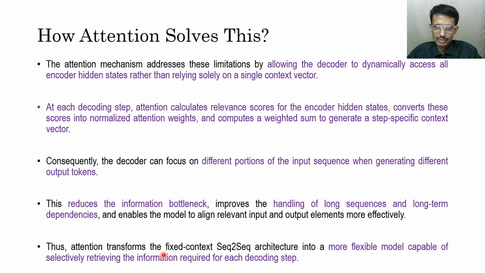Thus, attention transforms the fixed-context sequence architecture into a more flexible model capable of selectively retrieving the information required for each decoding step. So that is the most important thing. It selectively retrieves the information required for each word when generating the decoding sequence, or output sequence.